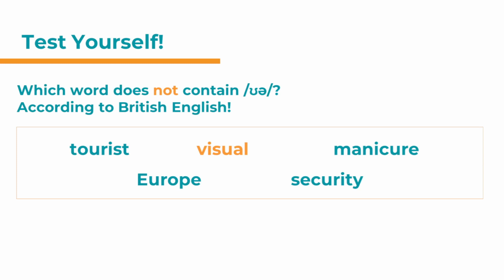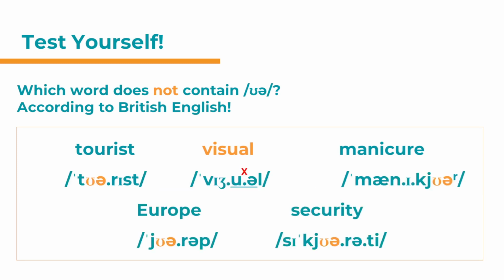Visual. Now, why is this the answer? Let's have a look at the phonemic transcript for all of those words. First of all, we had tourist, and there is the diphthong in the first syllable. Visual was our answer because visual contains 3 syllables. And yes, there's a U and a schwa next to one another, but they are in 2 different syllables.